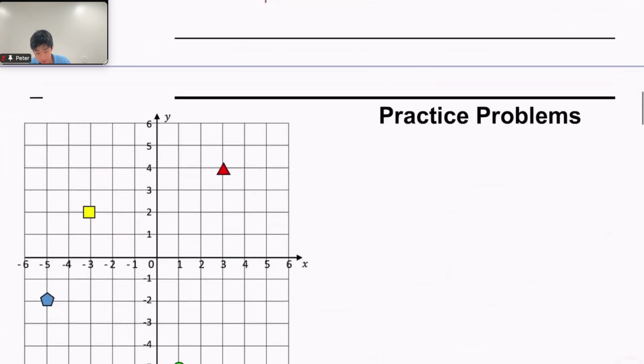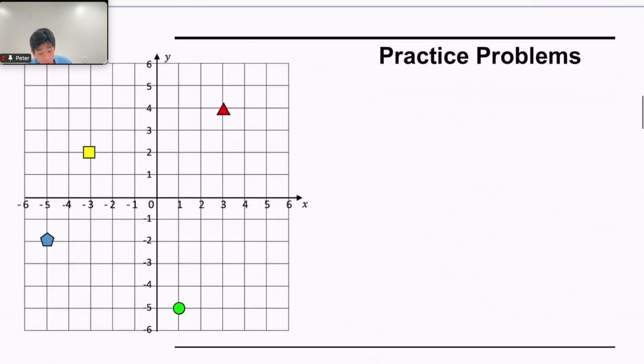Practice problems. We're gonna find what quadrant the shape is on. First, let's take a look at the triangle. So the triangle we can see here, both the x coordinate and the y coordinate are positive. Because you see here the x coordinate is 3, the y coordinate is 4.